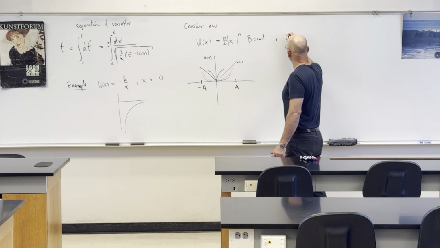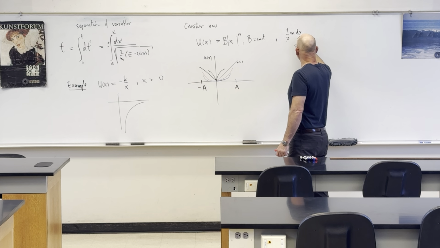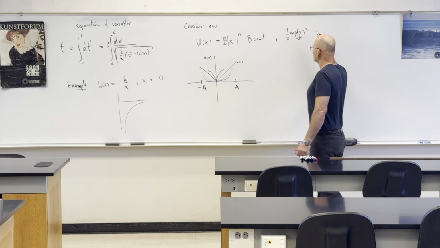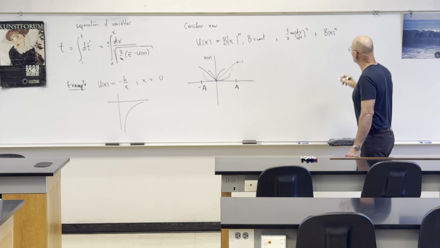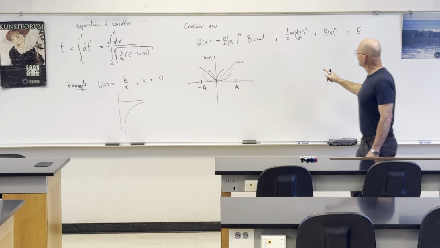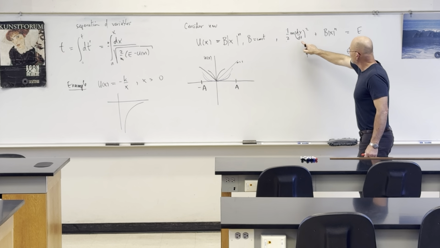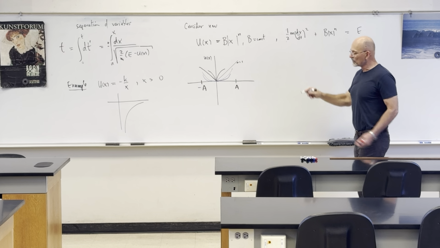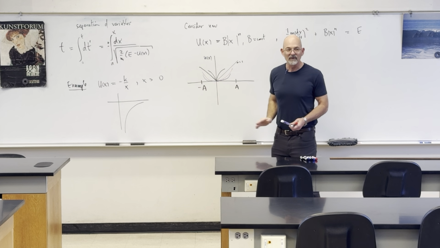So if we have 1/2 m (dx/dt) squared plus b x to the n equals e, then when x is equal to plus or minus a, the velocity is 0, those are turning points, and then you're looking at oscillations from the left to the right, back and forth.